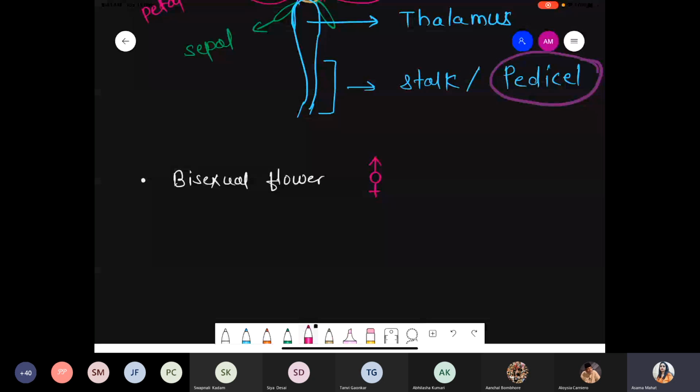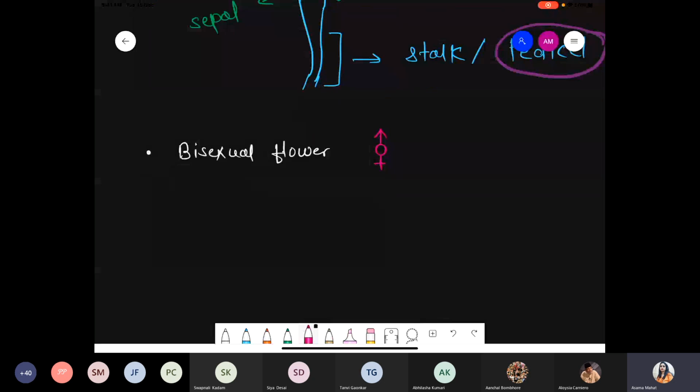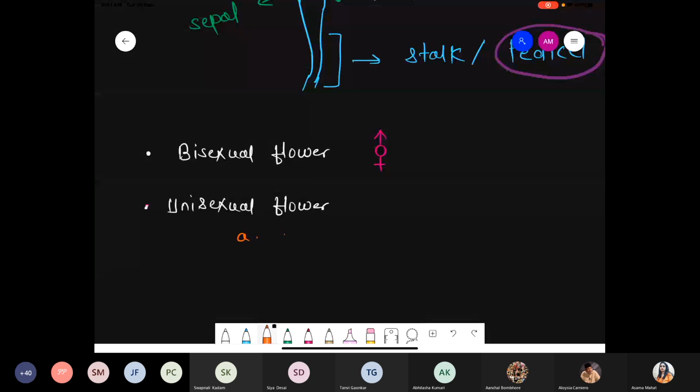Next point is unisexual. Unisexual flower, obviously, is either male or female. Under the unisexual flower, suppose a female flower: that female flower is called the pistillate flower, because pistil is nothing but the female reproductive part.